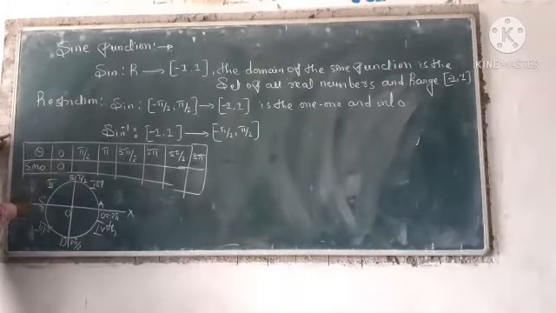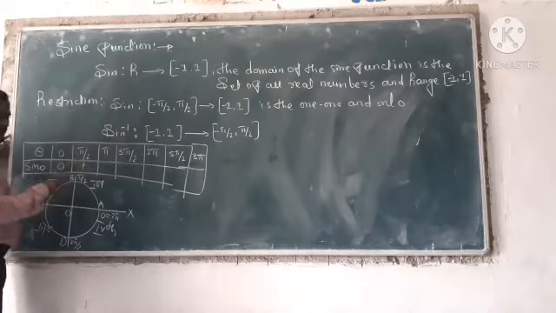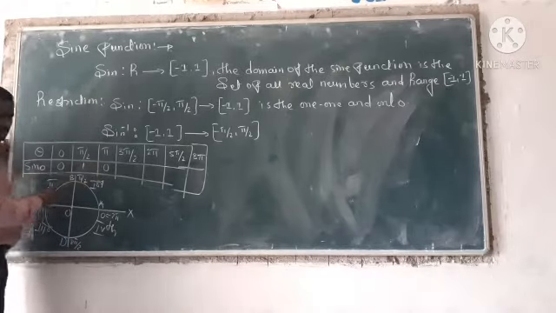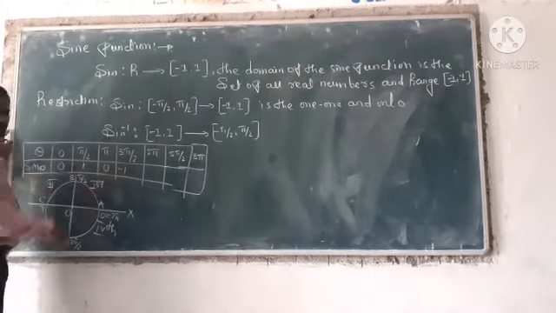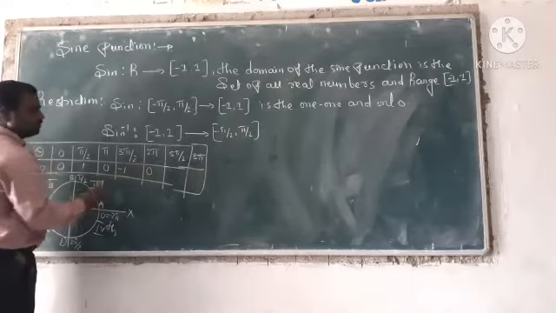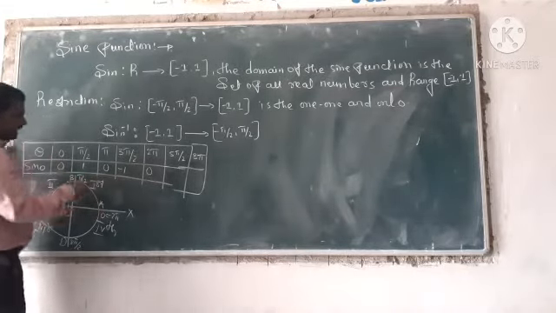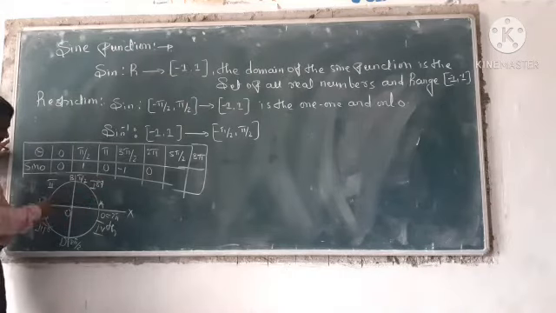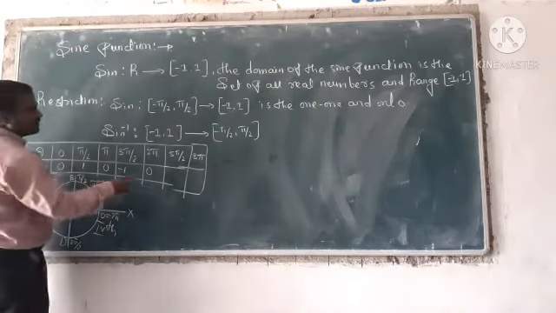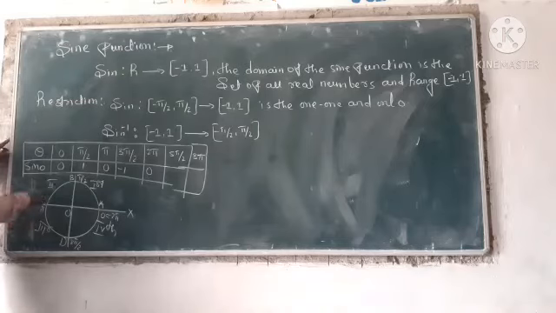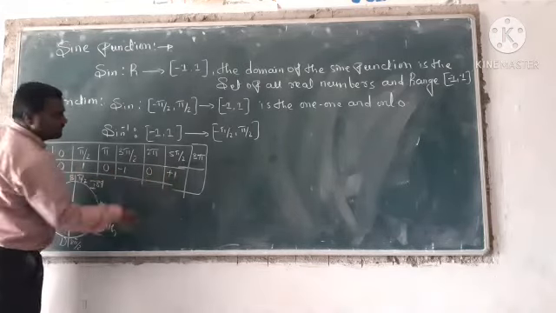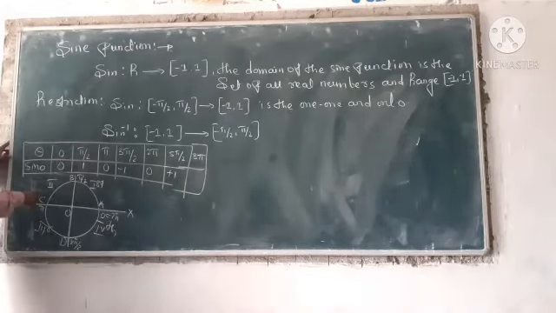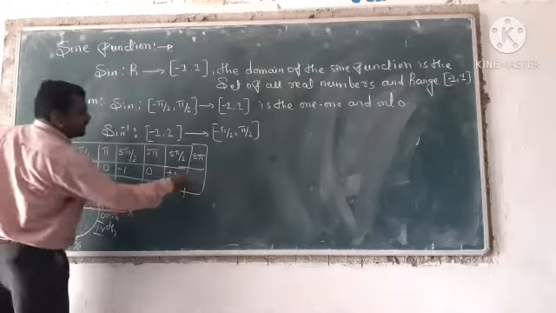Sine 0 is 0. Sine pi by 2 is 1. Sine pi is 0, sine 3 pi by 2 is minus 1, right? Here 0, here pi by 2, then pi, positive here. How are you going to take it? Here minus 1, here plus 1. The sign is positive, here 0.